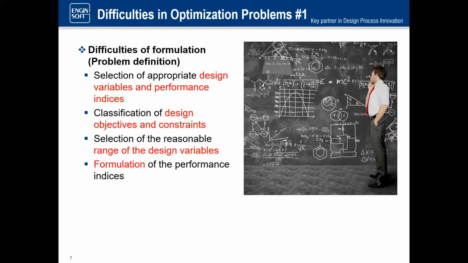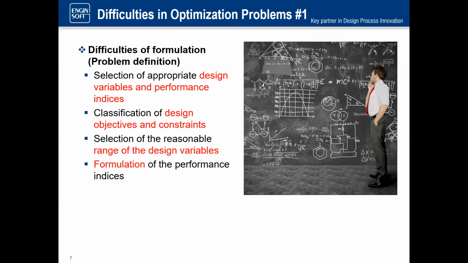So what are some of the challenges in the formulation of the problems? So first, deciding which design variables are going to be changing. And that has to do with figuring out where the highest sensitivities are. Performance indices are fairly straightforward to understand, but may be a bit challenging to define within the modeling environment.